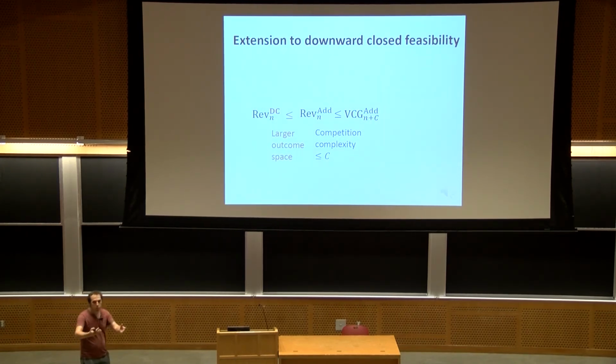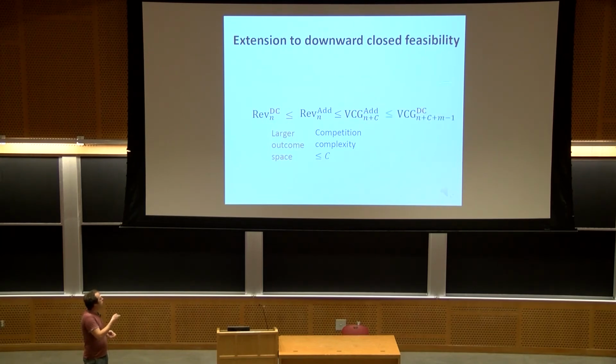We say that if we restrict the feasibility constraint of the bidders, we get less revenue. And this is because every mechanism that is feasible for bidders with feasibility constraints is also feasible for bidders without constraints. We can assume without loss of generality that the optimal mechanism allocates only feasible sets of items. So we actually have a larger outcome space to choose from, so the revenue just increases when we move from constrained bidders to unconstrained bidders.